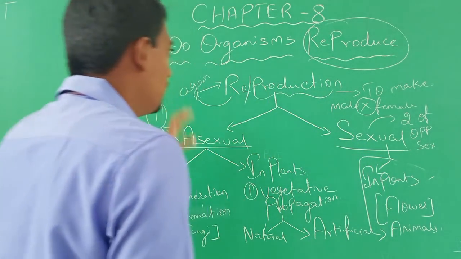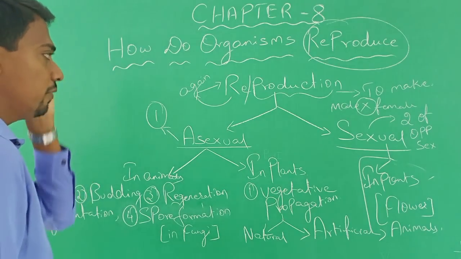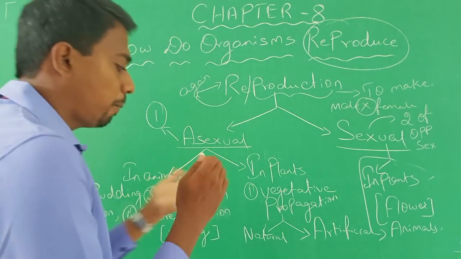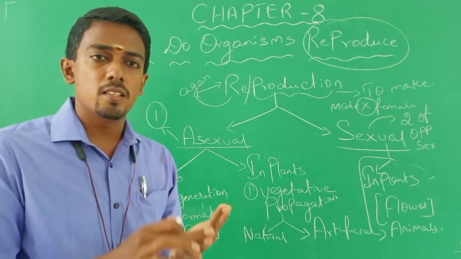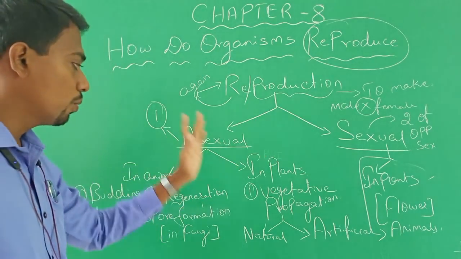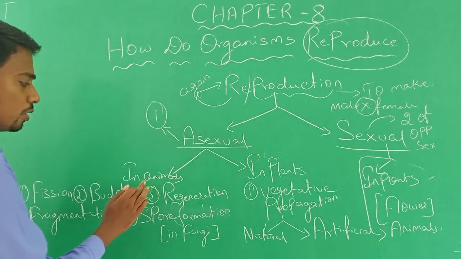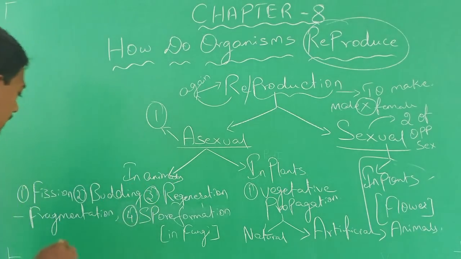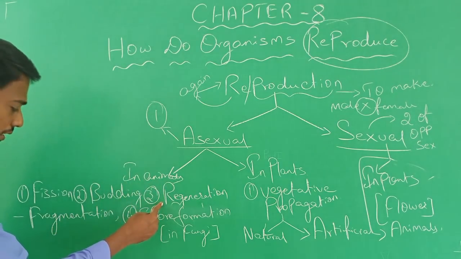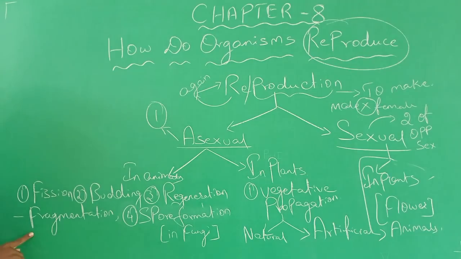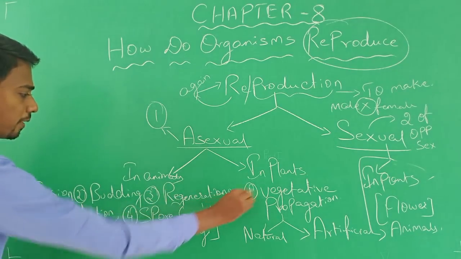That's for unicellular organisms. For multicellular organisms like plants, fungi and some animals, I have grouped these into two major categories. That is asexual reproduction in animals. The first type is fission, the second is budding, the third is regeneration, the fourth is fragmentation.